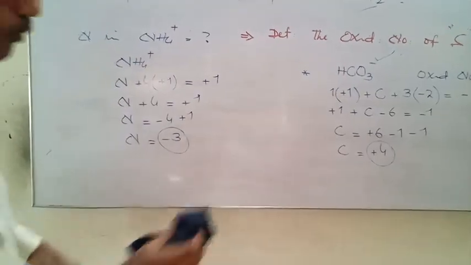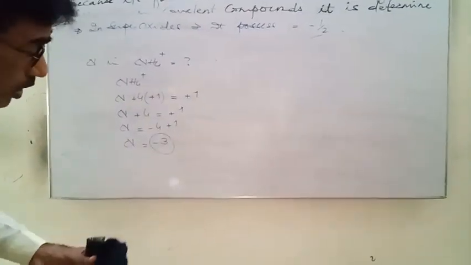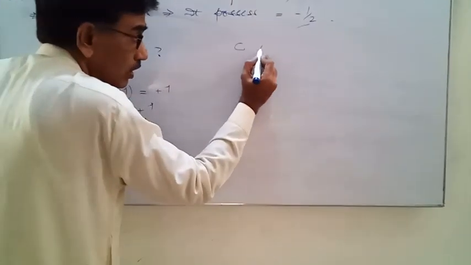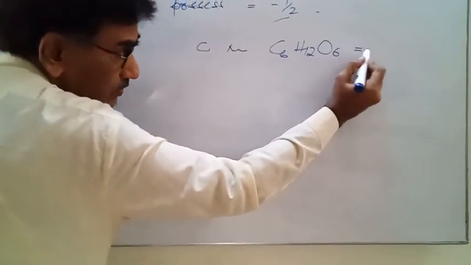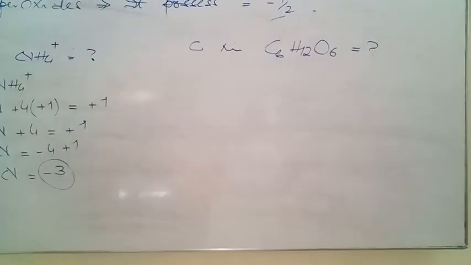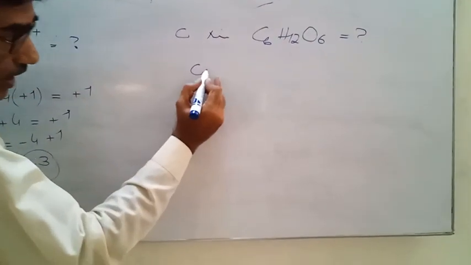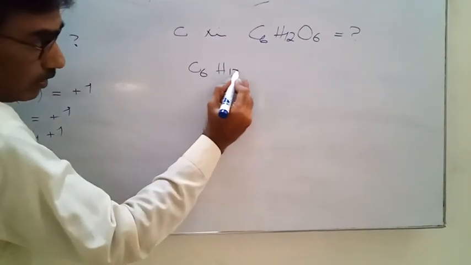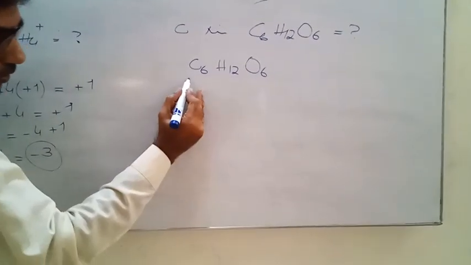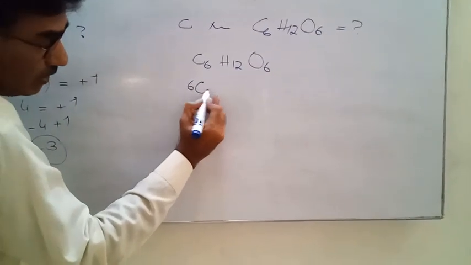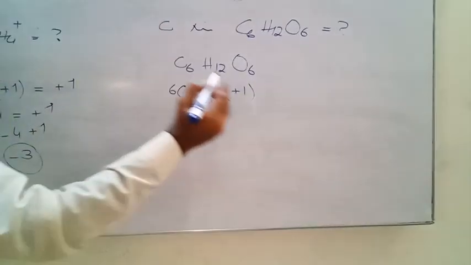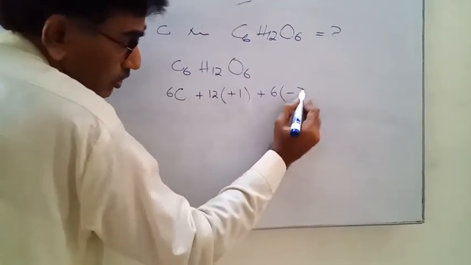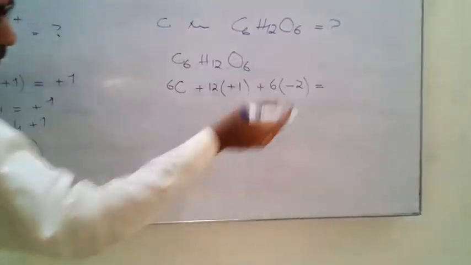We have so many examples where you can determine the oxidation number. I have another example, carbon in glucose, C6H12O6. We have 6 carbons, 12 hydrogens each possessing oxidation number of +1, and 6 oxygens each possessing oxidation state of -2, and as a whole the compound is neutral.